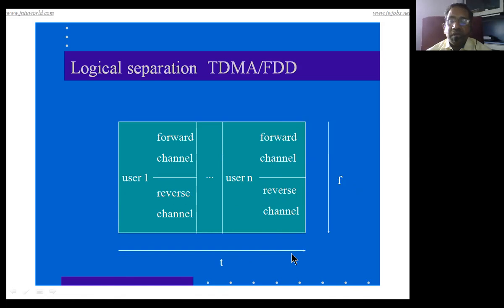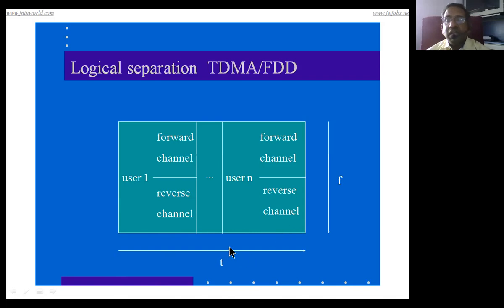Using time division multiple access, in a round robin fashion, the processor or base station is going to give some time to each and every mobile unit to receive and transmit their signals. Every user is allotted a fixed time, say t1 time, t2 time, t3 time.